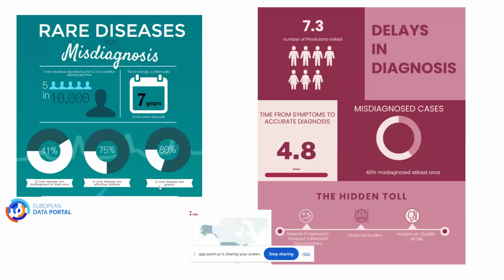So these are some of the statistics. If you see the European data portal, the average delay in the diagnosis of rare diseases is 7 years. This is a huge burden to the family, patient, as well as the community, because it's going to have a financial toll as well. This is the European data, and in the United States, the average delay or lag period is almost 4.8 years.